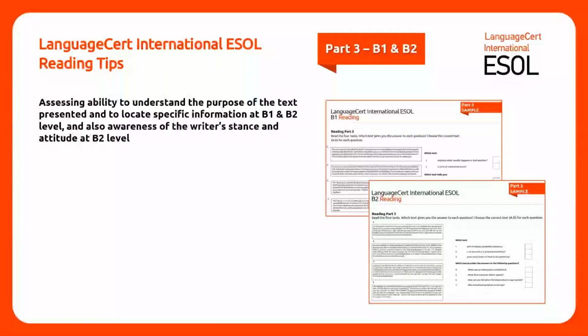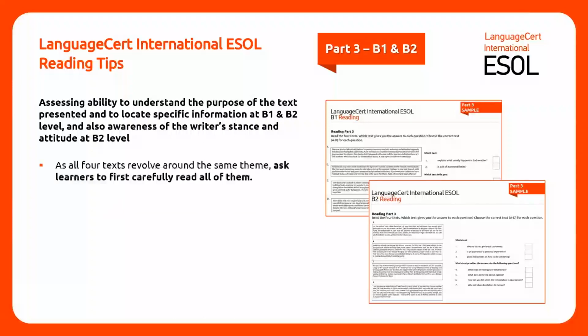Part 3 now. Bear in mind that this part aims to assess the candidate's ability to understand the purpose of the text presented and to locate specific information at B1 and B2 level, and also awareness of the writer's stance and attitude at B2 level.